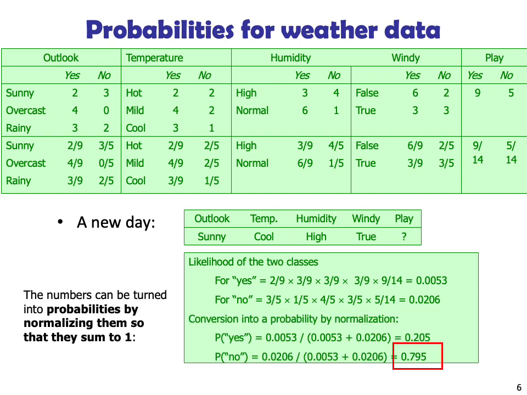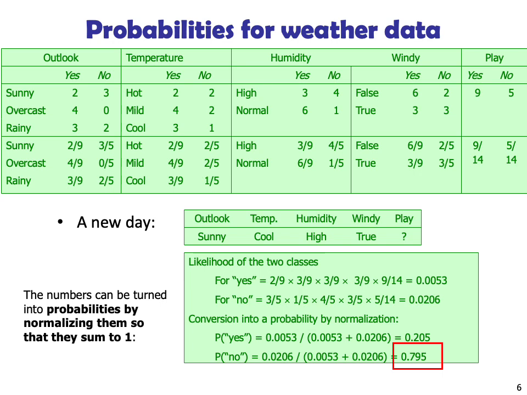So the values of the calculated likelihood show that for this new day, class no is more likely than class yes. So we can turn these numbers into probabilities by normalizing them so that they sum to 1.